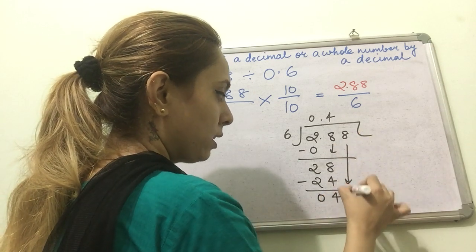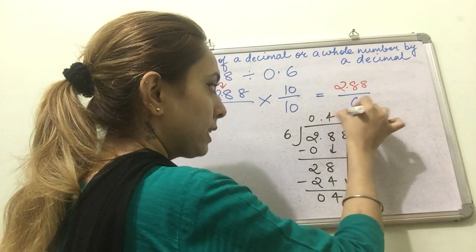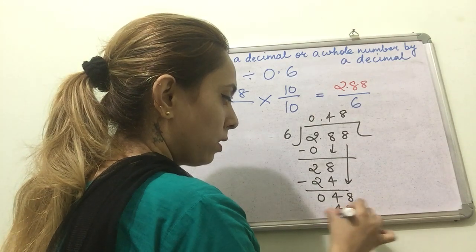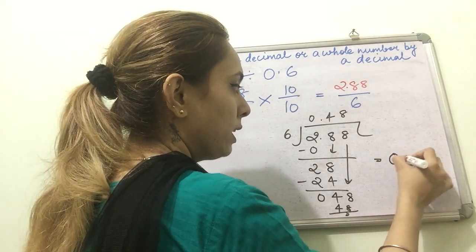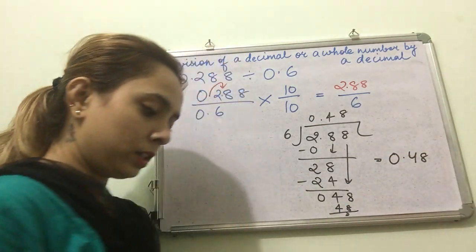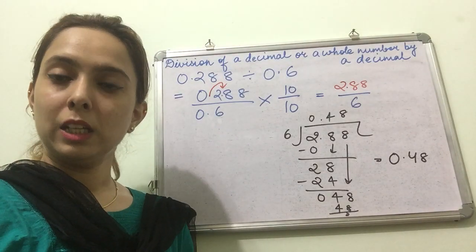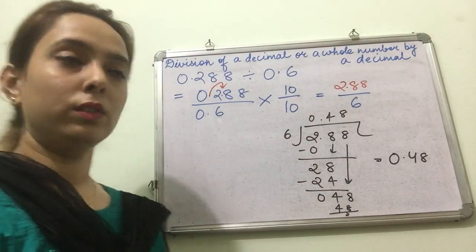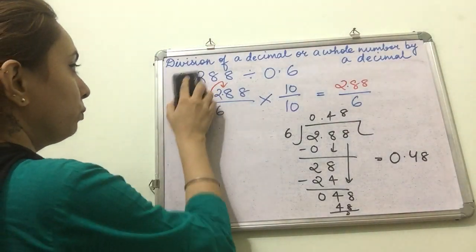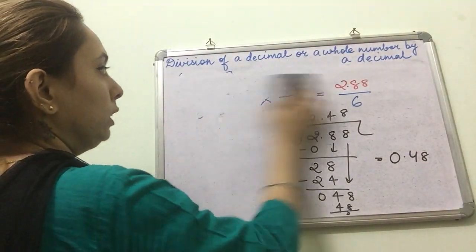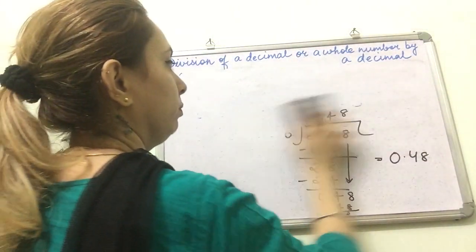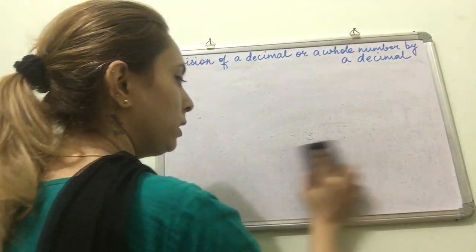Get this 8 down. 6 8s are 48. So your answer is 0.48. This is the way of dividing. Now some more examples to make your concept very clear.